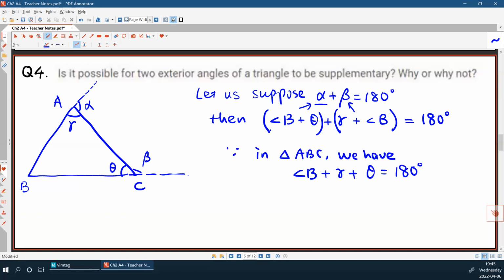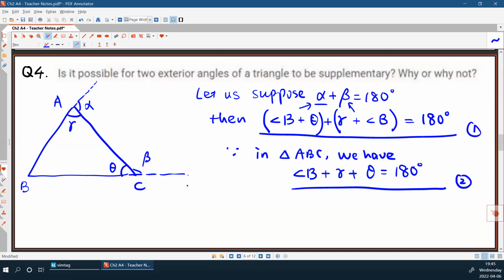Therefore, if we consider this equation and this equation, let's call them 1 and 2. We can use equation 1 minus equation 2, right? This will give us angle beta equals 0.